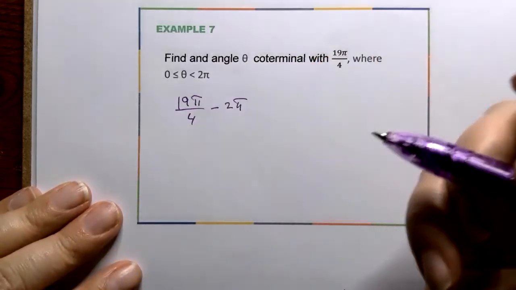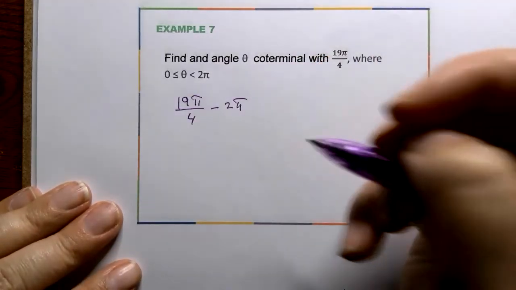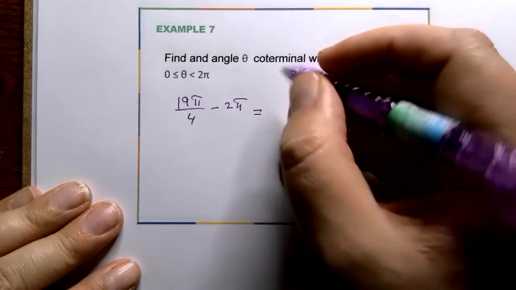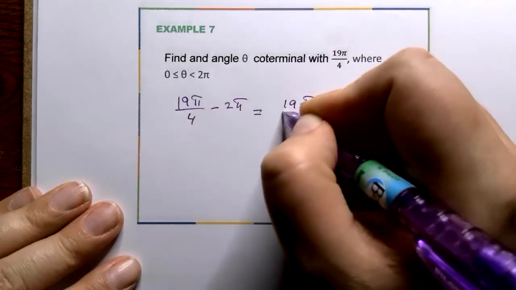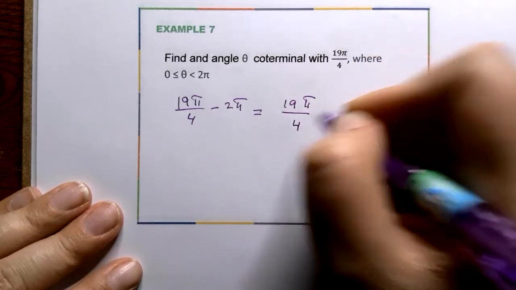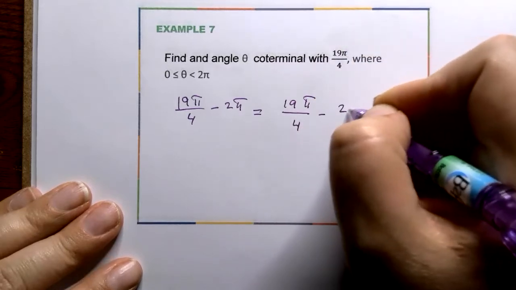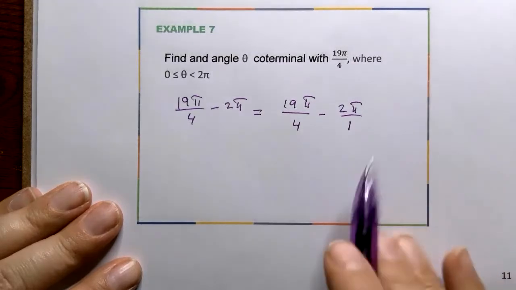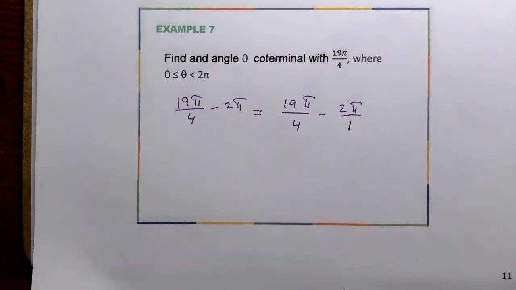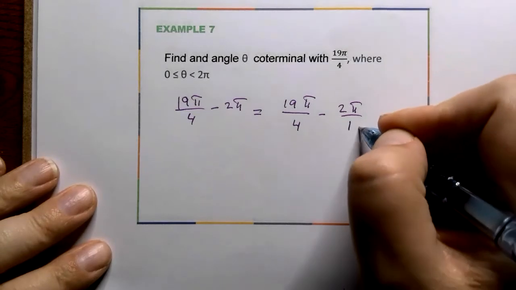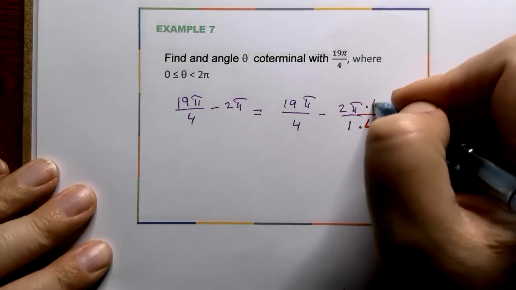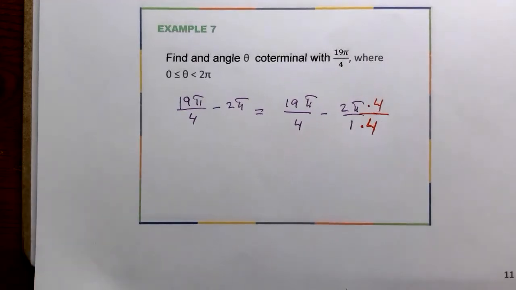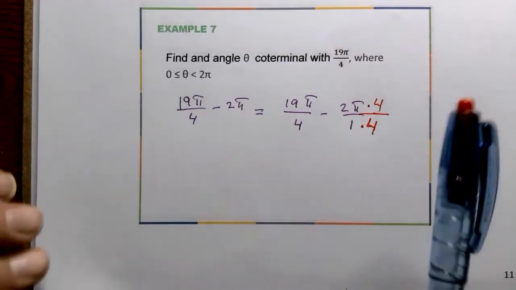In order to subtract fractions, we need to find a common denominator. So first of all, we put 2 pi over 1, and now we need the denominator of 4. We're going to multiply the denominator by 4, but we need to do the same thing with the numerator, right? Multiply by 4.